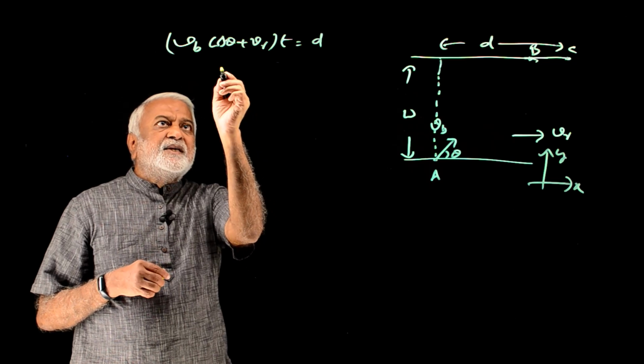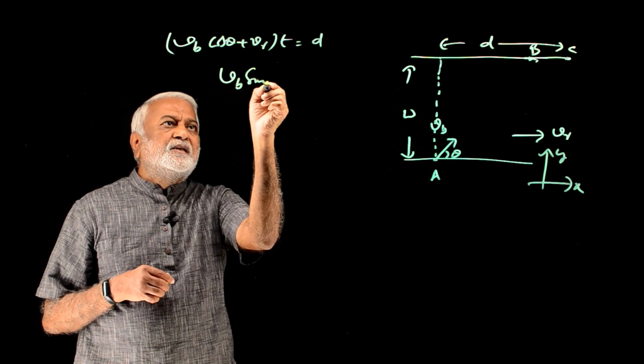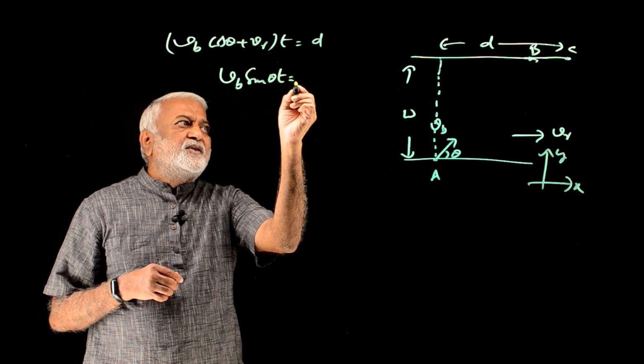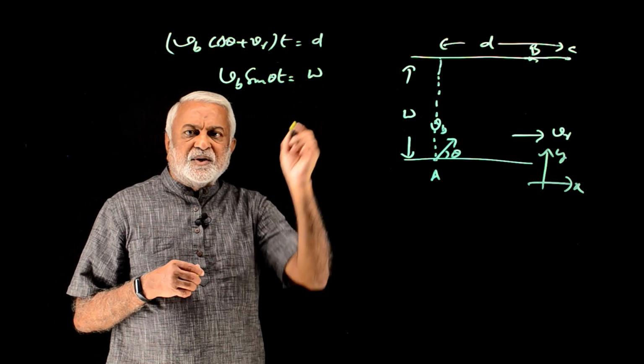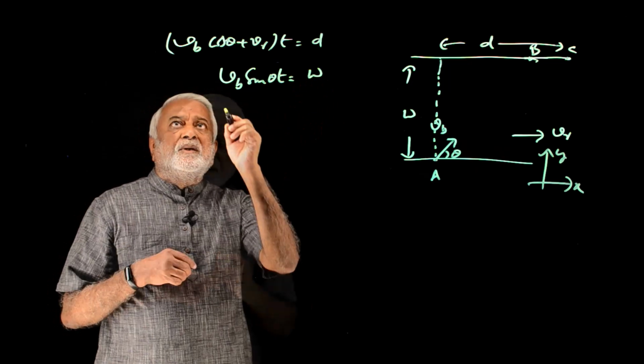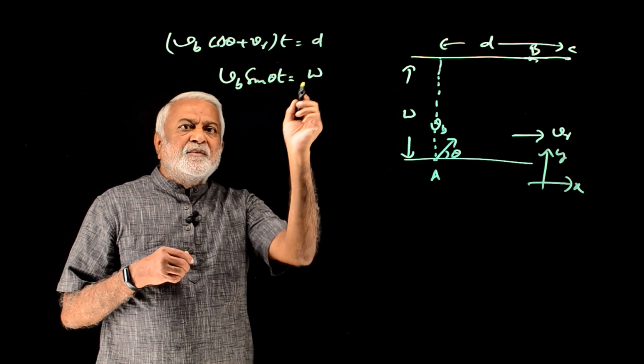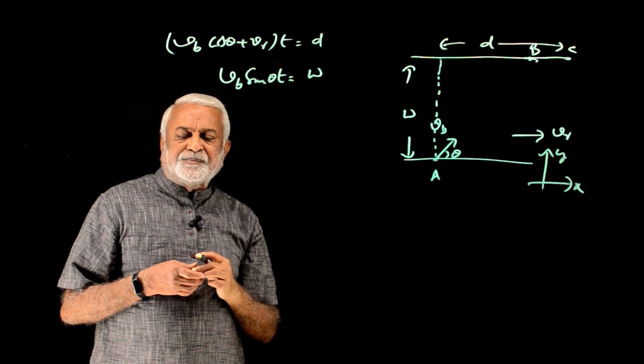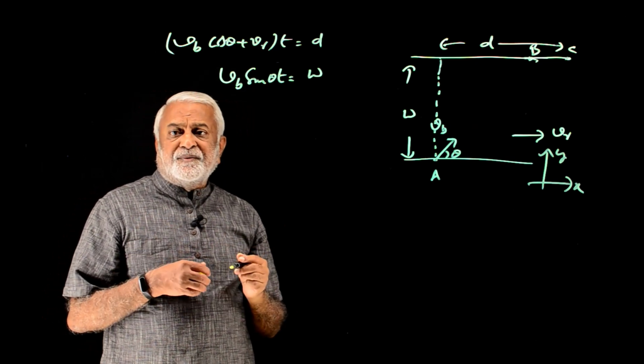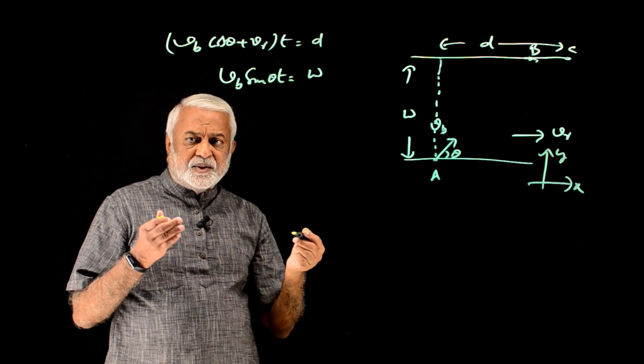Vb sin theta into t is w, the width of the river. This is the equation for the y-axis. Vb, theta, Vr, t, d and w are the 6 parameters here. If you're given 4 of them, you can solve for the remaining 2.